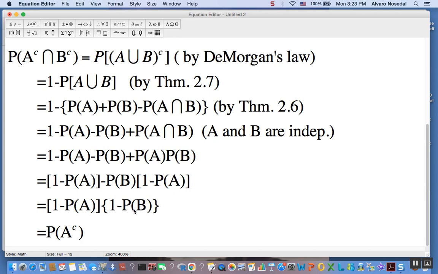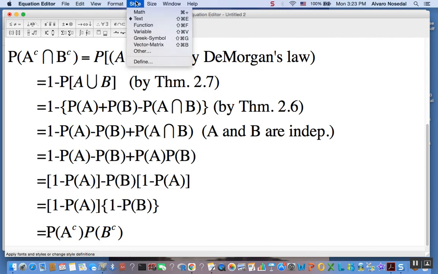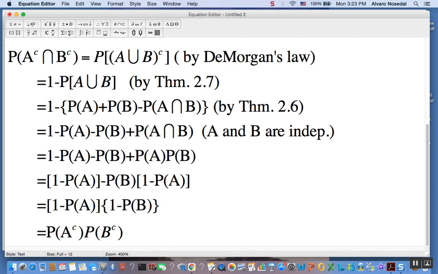And then 1 minus probability of B, again by the same theorem, equals the probability of B complement. And again, let me just remind you, so when you check your notes later, you remember that that was by Theorem 2.7, which we have already shown in another video.